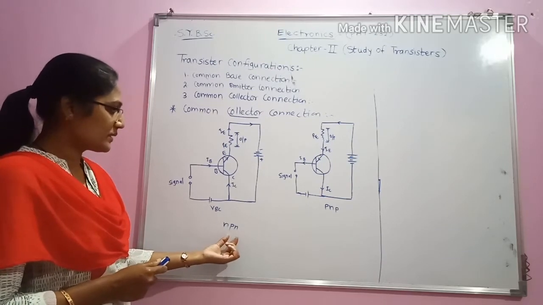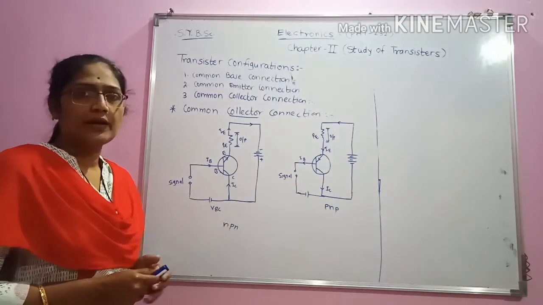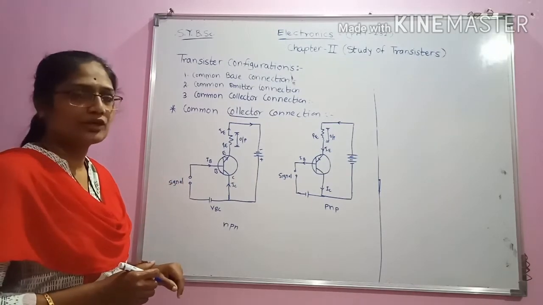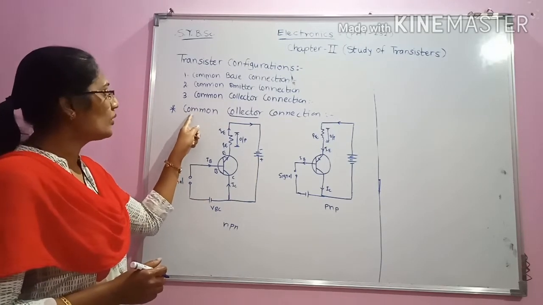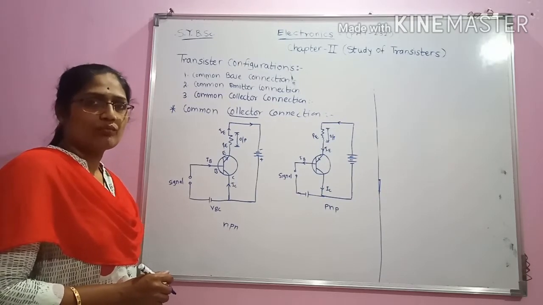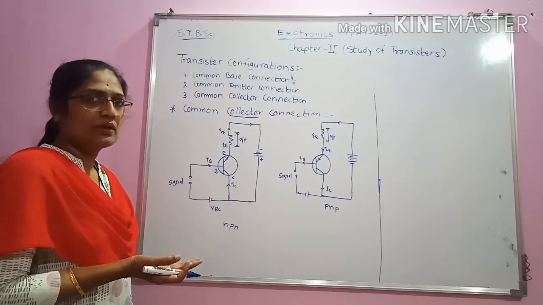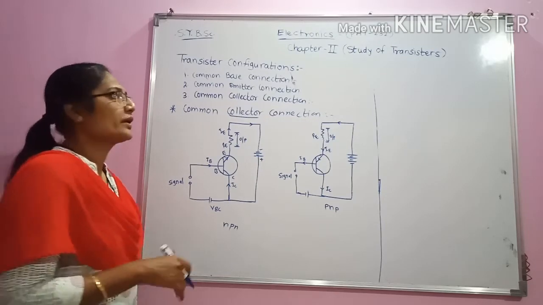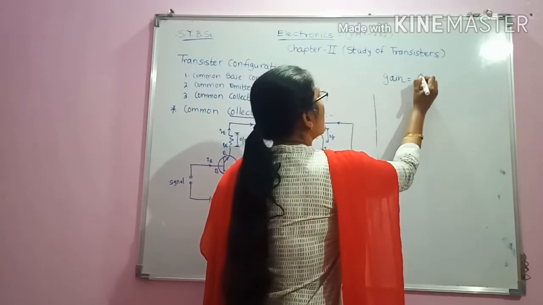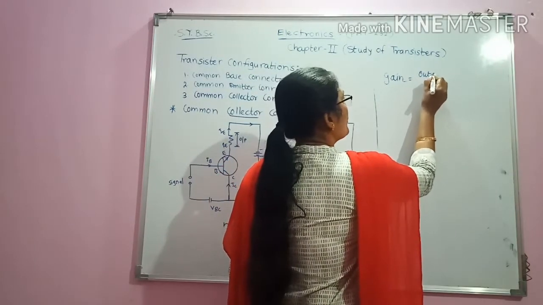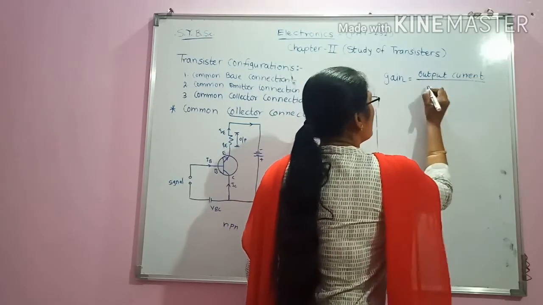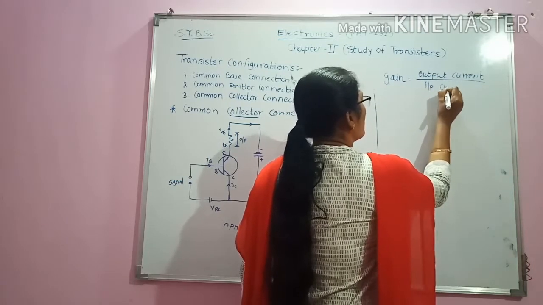Now there are two transistors shown here, NPN transistor and PNP transistor. Now what will be the gain of this common collector connection? The gain of the common collector connection can be found out by taking the ratio of its output current to the input current. Gain is nothing but output current to the input current.